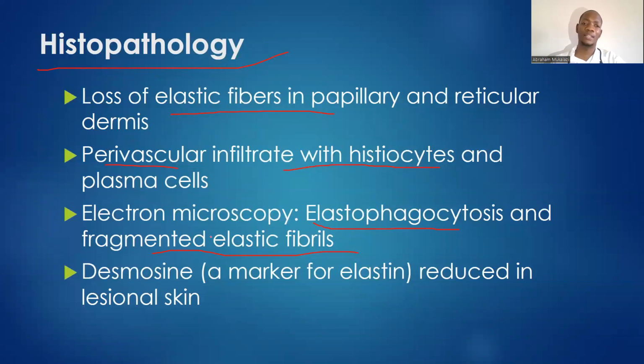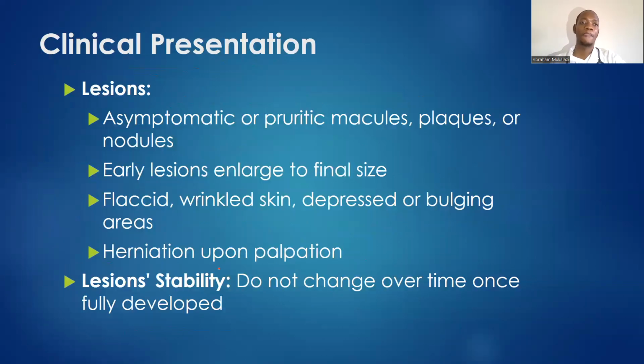But this is an experimental procedure that can be done to confirm the diagnosis, and it is not used routinely. We can also use stains for elastin. For example, with the desmosine stain, staining will be reduced in lesional skin compared to the normal surrounding tissue.